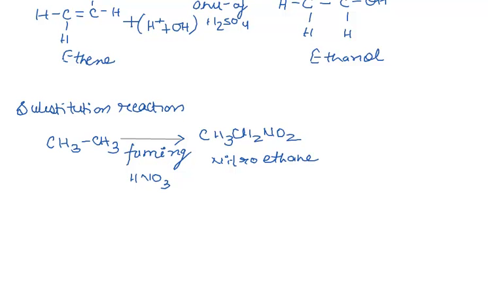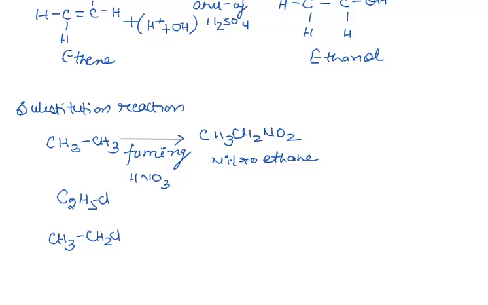Similarly, if I have to substitute a group in an alkyl halide, say I am taking C2H5Cl, what would be its structure? I will not draw the complete structure, I'll write it like this.